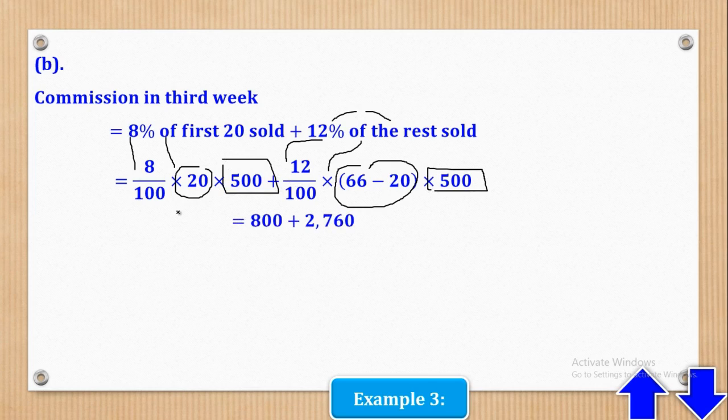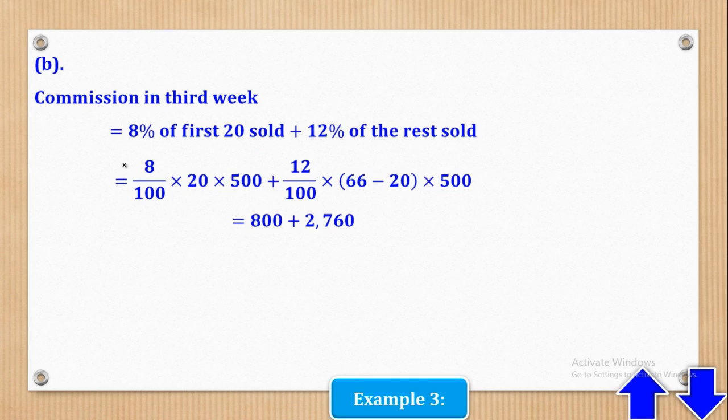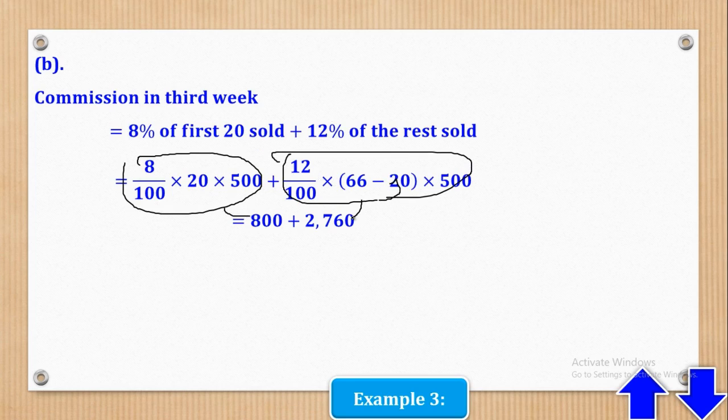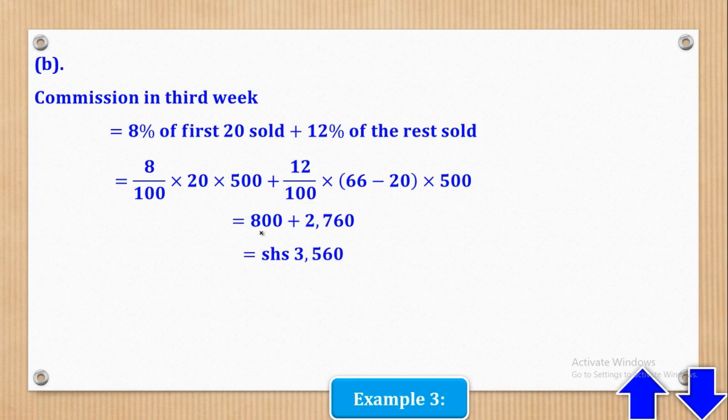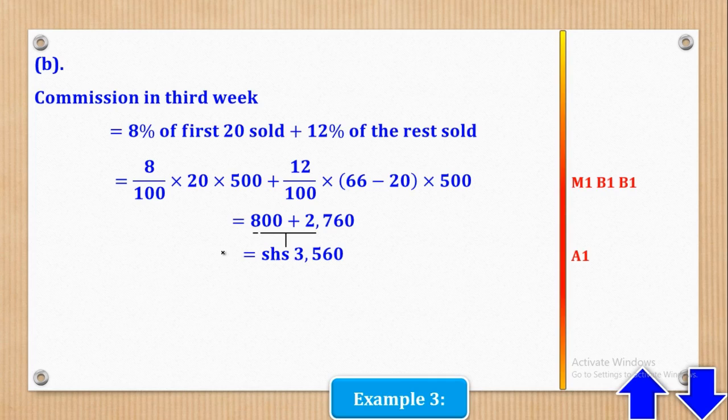So when we simplify, the whole of this will give you 800 and the whole of this will give you 2,760. And when we add the two, you shall come up with the amount of 3,560 shillings. So basically that is the commission he received in the third week.